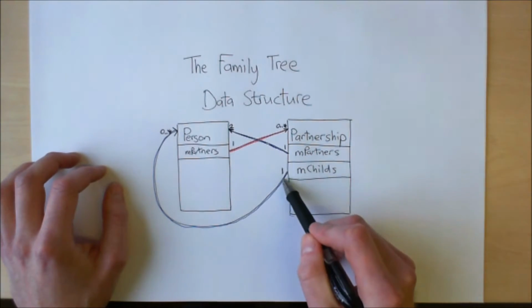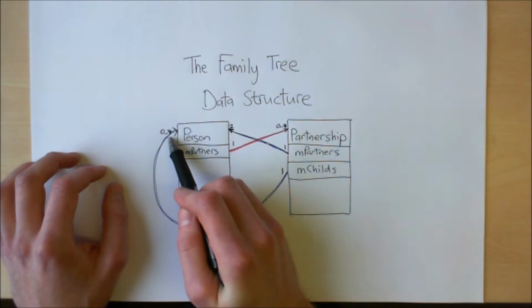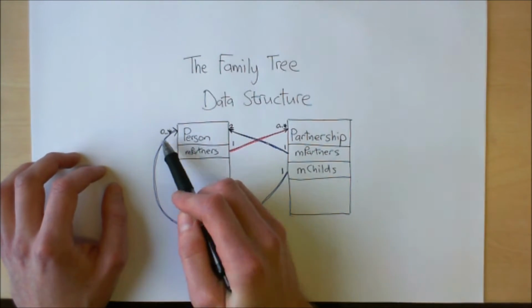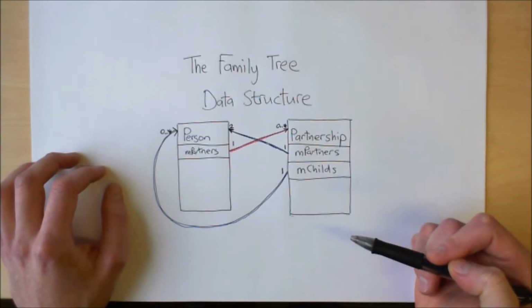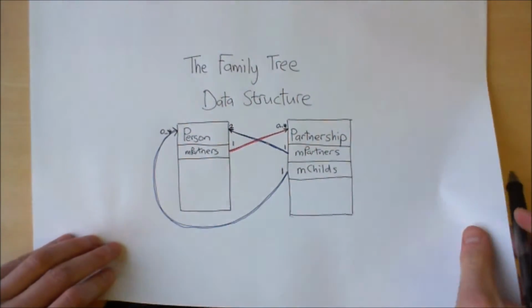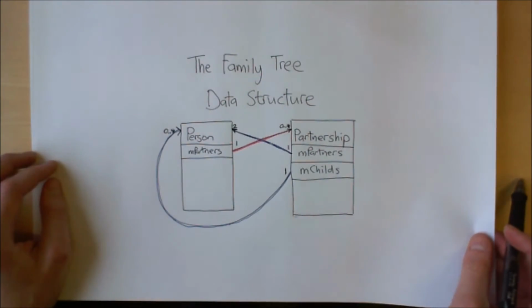So that relationship is one partnership, it might have no children, as is the case with Charles and Camilla, but it might also have an unlimited number of children. I don't know, Elizabeth has 4 children in her tree branch. So, okay, what we'll do next is we'll look a little bit more at an actual example of that family tree data structure as it's been instantiated.